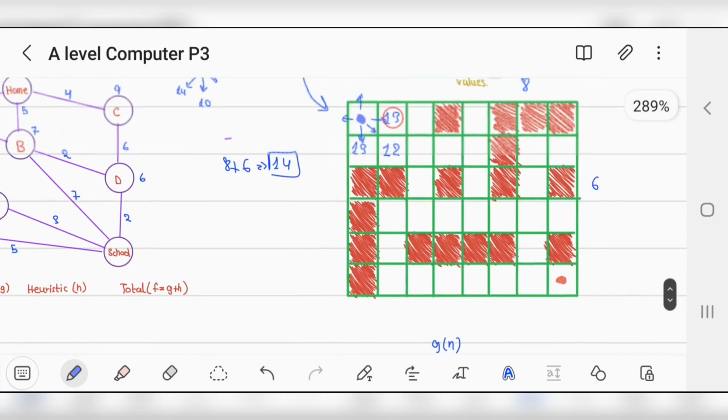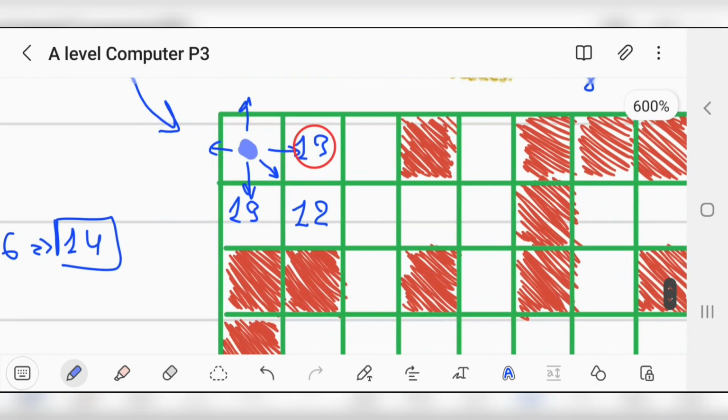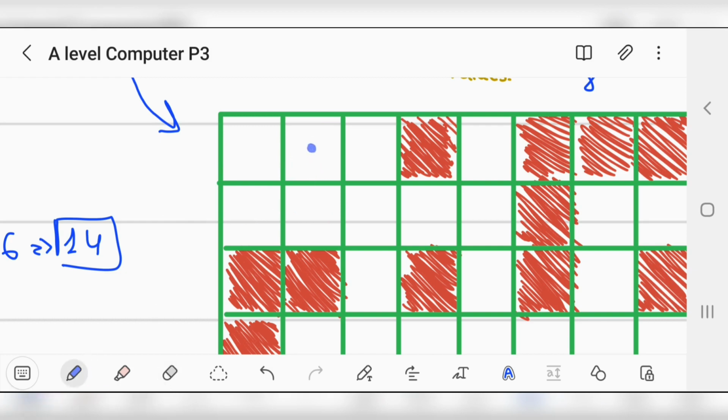The gn values, it should be here. Supposing that I have taken my distance, so I'm going to put in here, it can go in here, it's going to 14, 13, 12, 14, 13, again 13, 12, 11, should be 13.